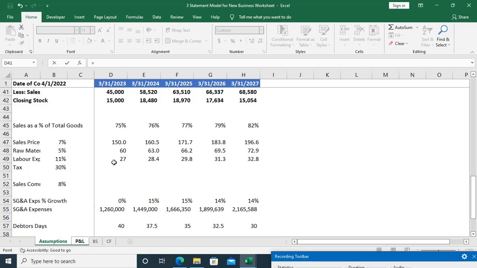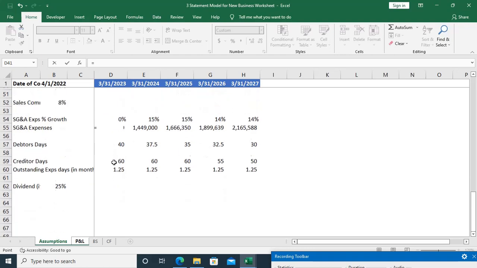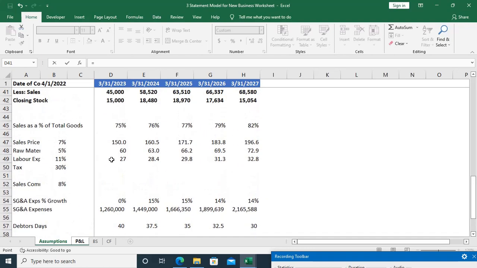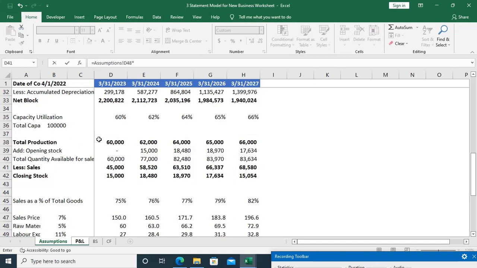Now the raw material prices, we have already calculated those prices. The price is 60 rupees for the raw material, multiplied by total production units, so number of units produced multiplied by raw material price per unit.